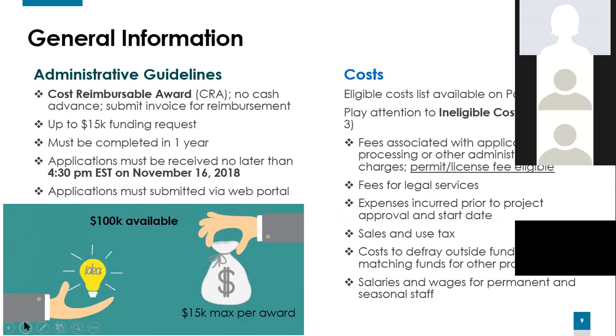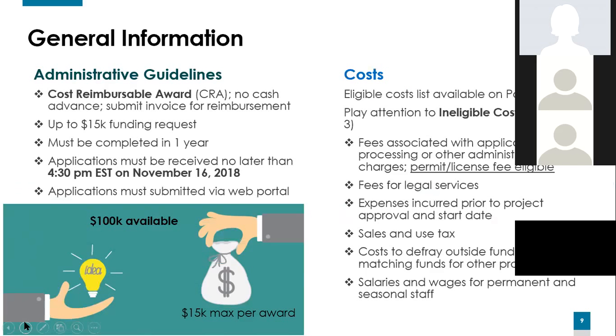I'd like to speak a little bit about the cost that you're allowed to request. And in your announcement on page 3, there is a detailed list of eligible and ineligible costs. But what I would like to do at this time is just to spend the next few minutes focusing our attention on expenses that are not covered and cannot be claimed.